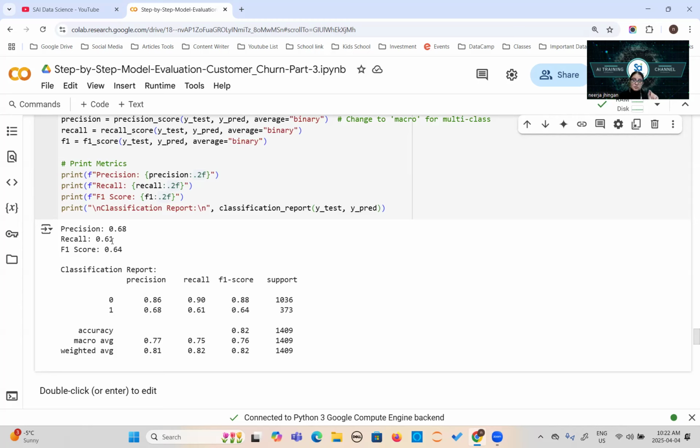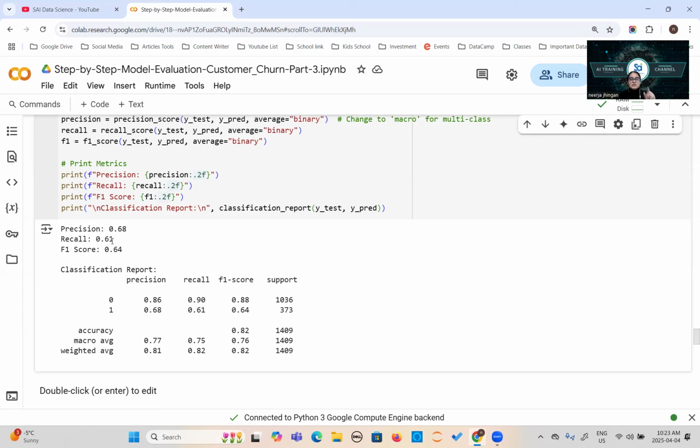You are saying the customer will not churn in actual, and your machine is saying he will churn. Or in the other scenario, your actual case is churn, and your machine is saying not churn. So this is a big loss for your bank, right? Your company, right?